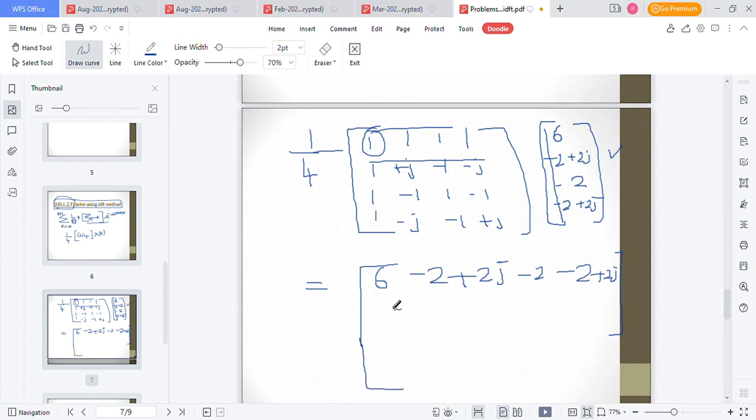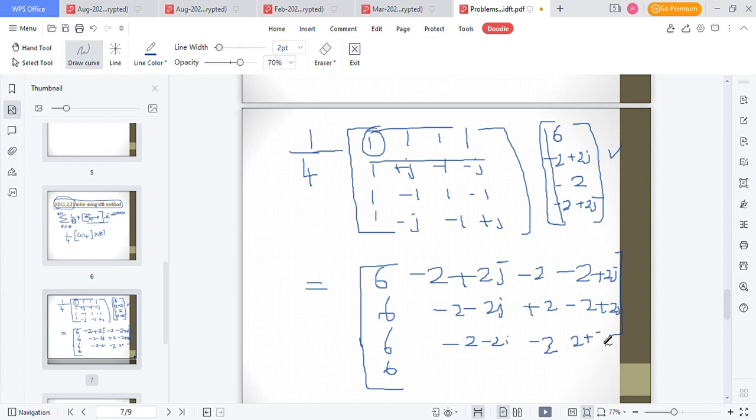So you get 6 over here, all this is 6 over here, and here it is 2 minus 2j, and here it is plus 2, and here it is minus 2 plus 2j, 2j only, and here it is minus 2 minus 2j, and here it is minus 2, and here it is 2 plus 2.